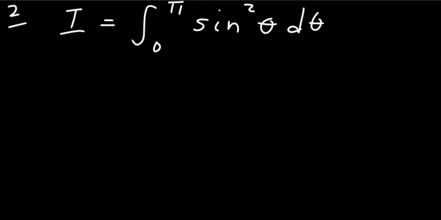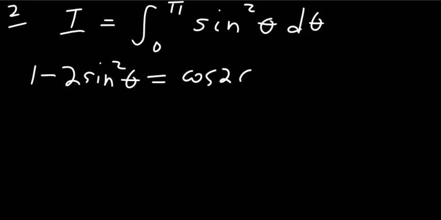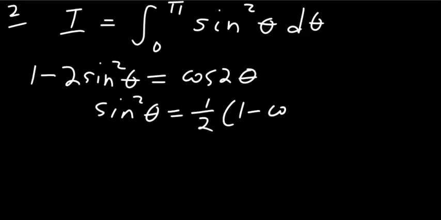Now let's look at this integral. First of all, we need to use the trigonometric identity to simplify the integrand. Now we know 1 minus 2 sine squared theta is cosine 2 theta. So that means sine squared theta is half (1 minus cosine 2 theta).